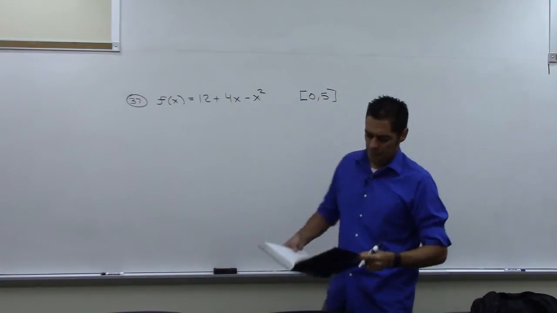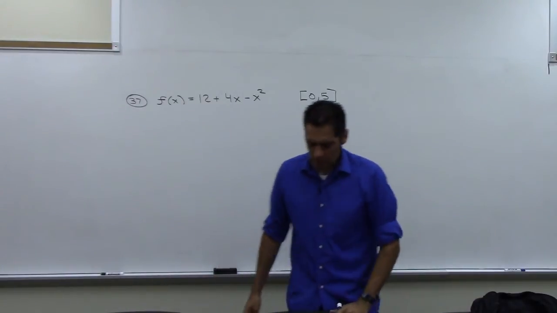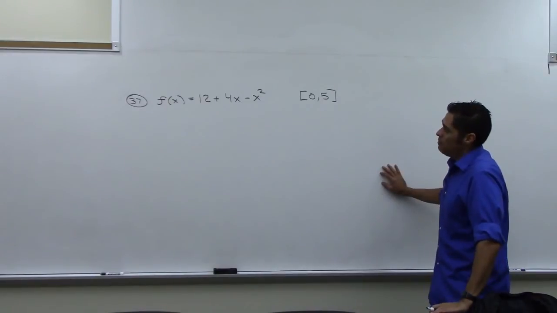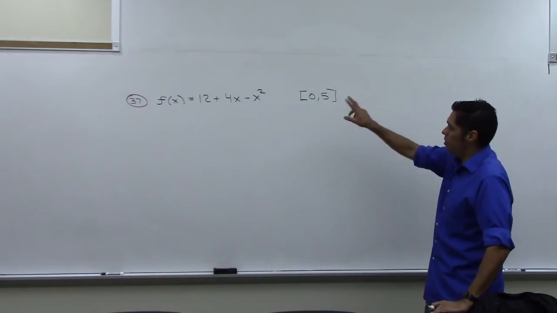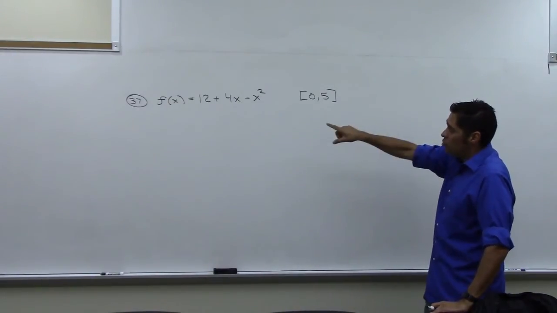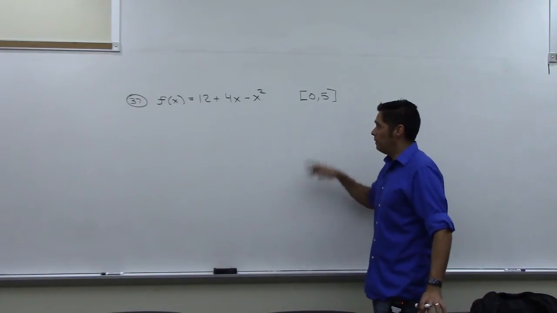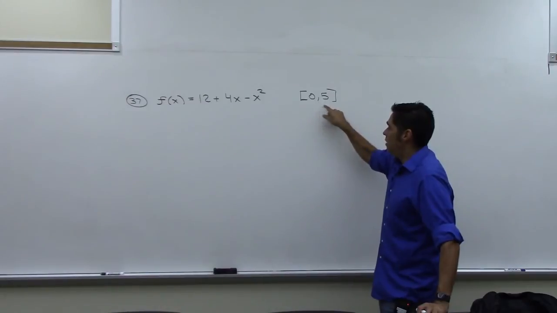All right, and what they want to know is what is the absolute maximum value and what is the absolute minimum value of that function on that interval. So if we were to draw this, what would be the highest point and the lowest point if you only drew it on that interval?